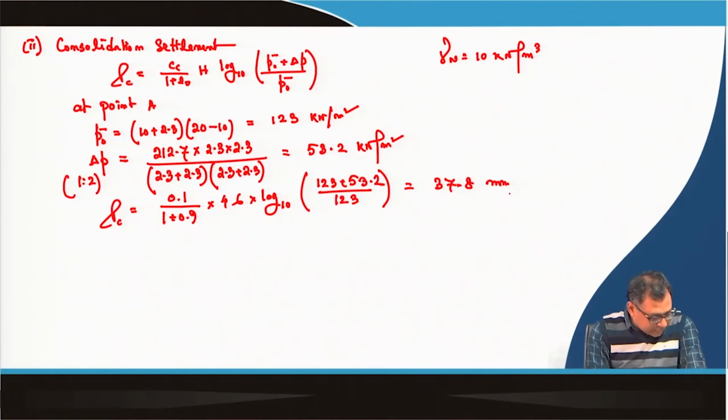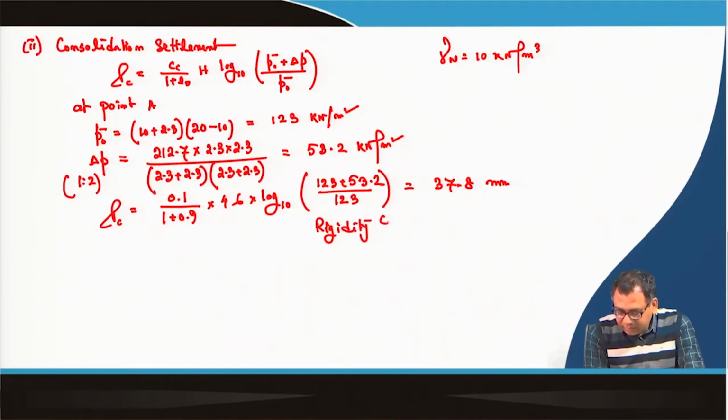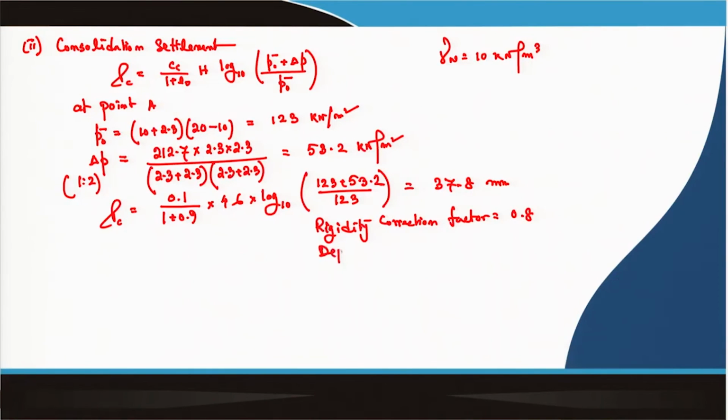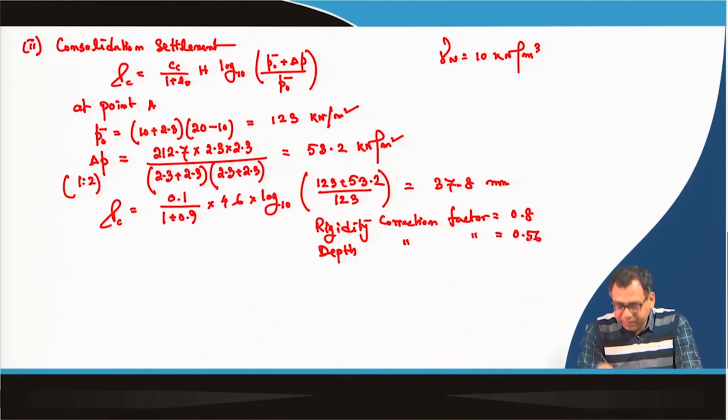So, what corrections do you have to apply? Again the rigidity correction factor, which is 0.8, then the depth correction factor, which is 0.56, we have already determined.